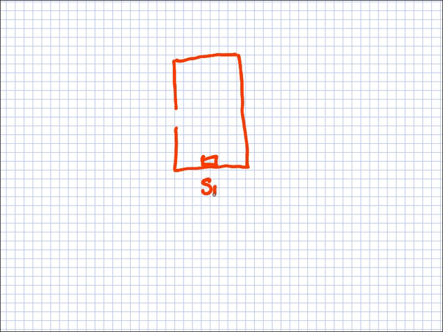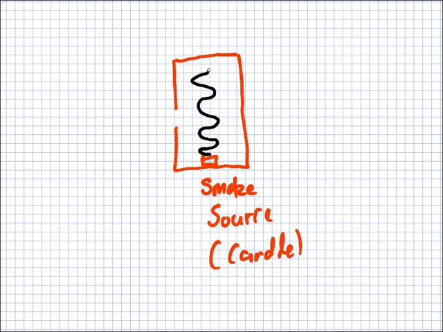And this here was a smoke source. So it could have just been something like a candle. And you have the smoke filling up this box here like that. Okay? And then what you also have here is just some way to look inside the box. A viewer. You can look inside. There's the eyeball looking inside.